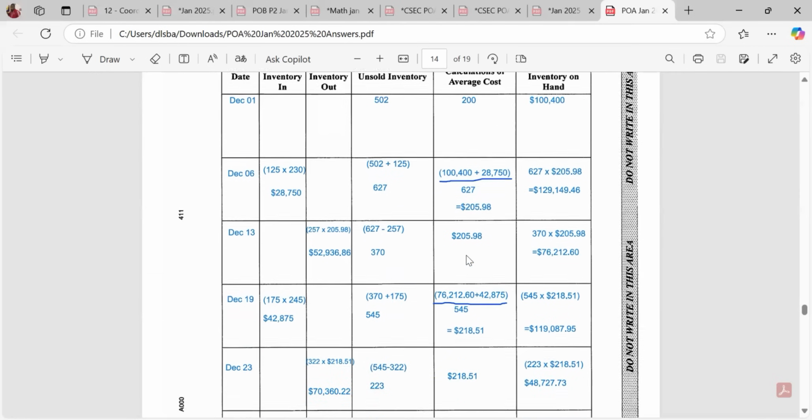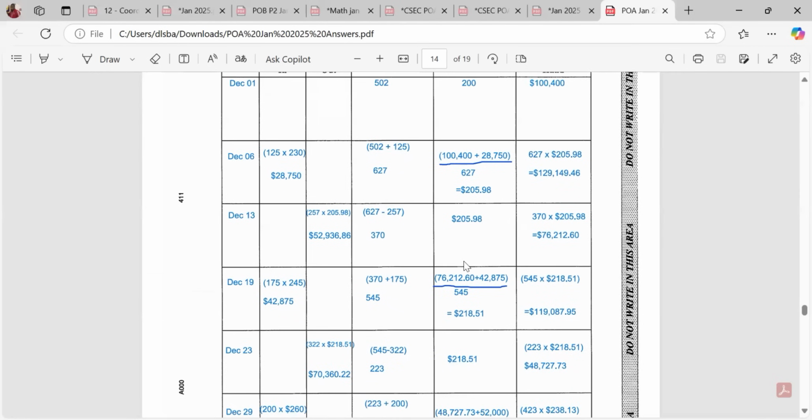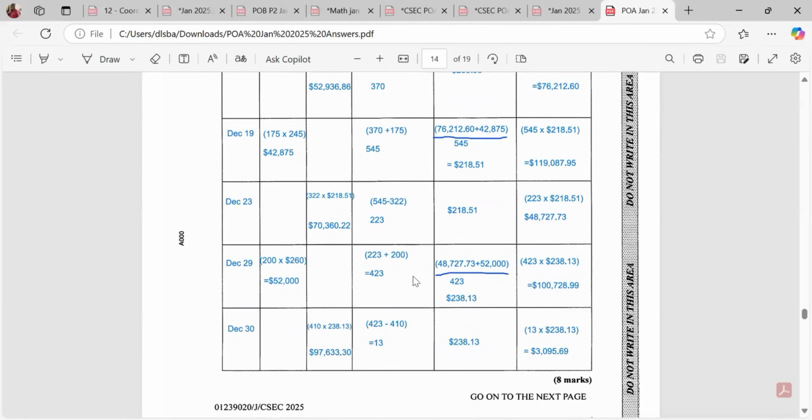And the average cost would be the total cost, which would be the 76,000, plus the goods you just bought, divided by your total units, 545. So the new value of your goods will be the 545 multiplied by the new average cost. And that's how you're going for all of them.